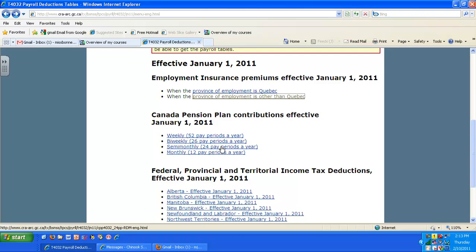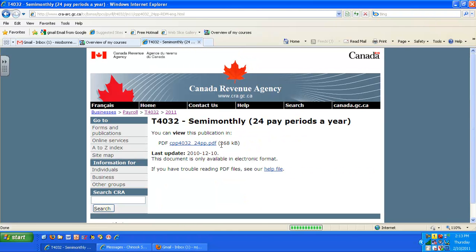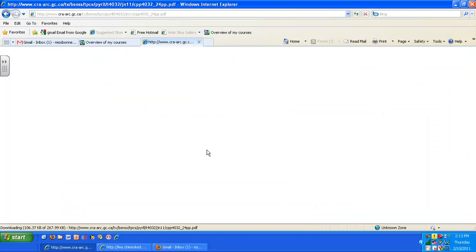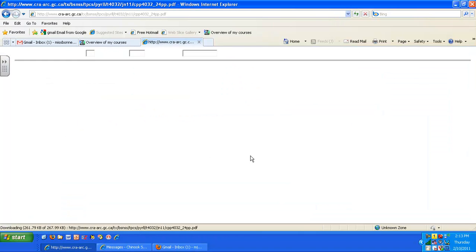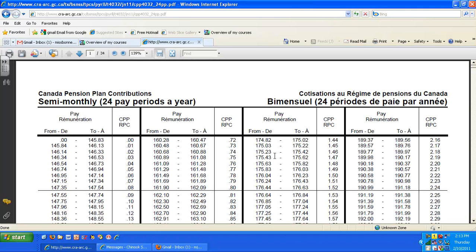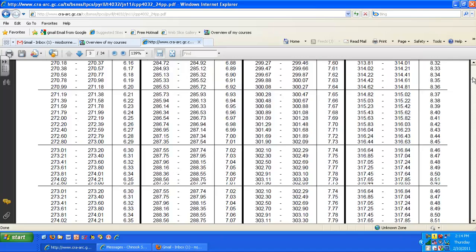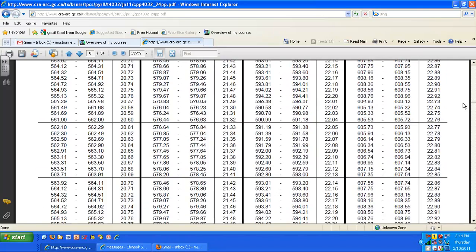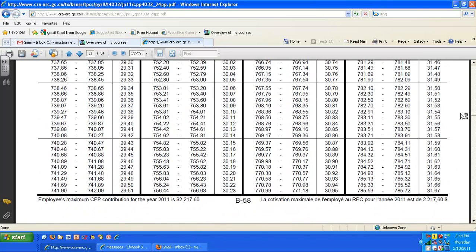We're going to look at the semi-monthly pay period as our example, and we're going to click on the PDF document. If, for example, let's go back to our $782, we're going to look down our chart just like we did for the employment insurance and look for $782.